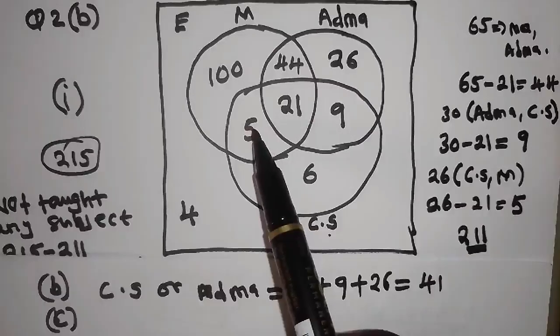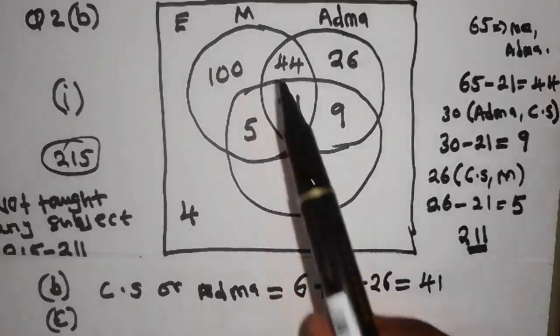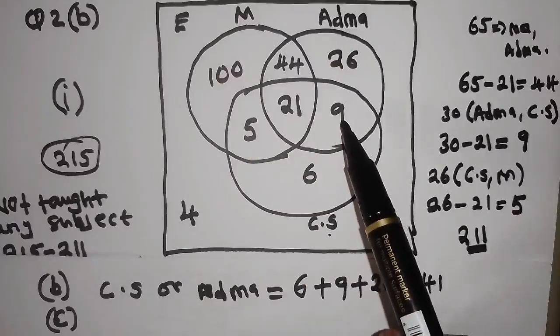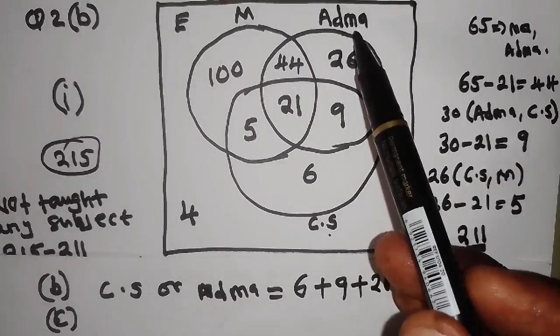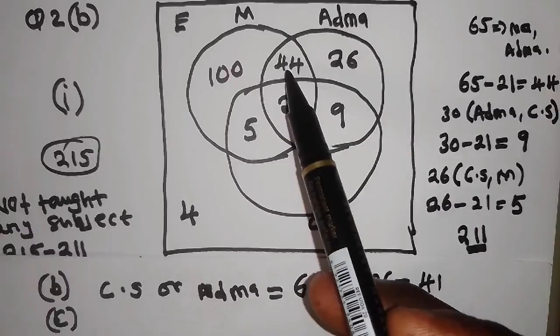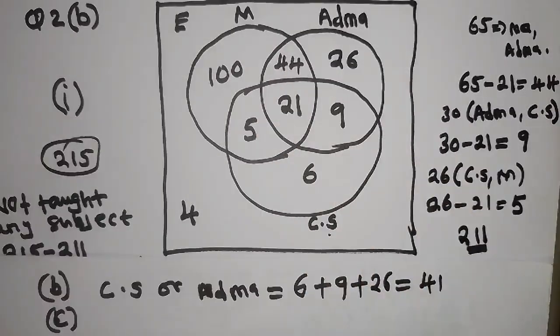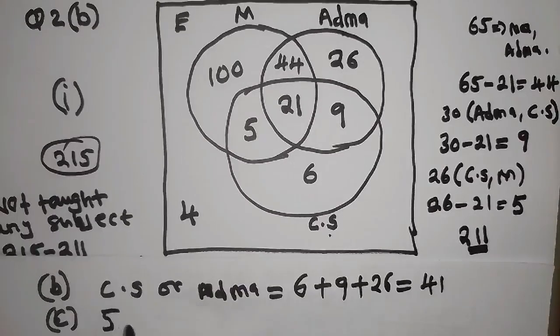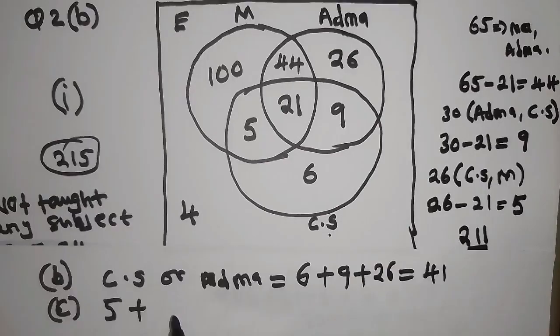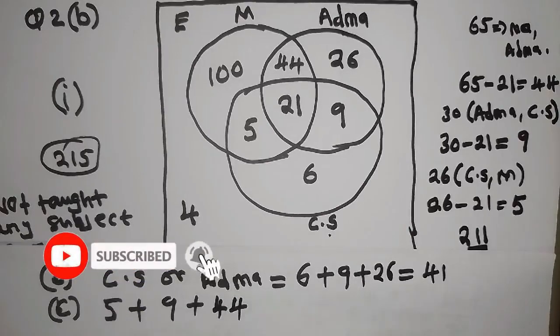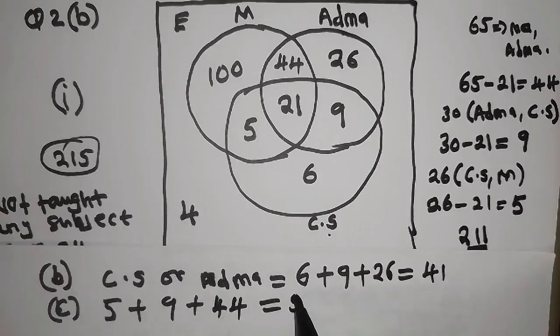So you have this, which is 5 is for mathematics and computer, and then 9 is for computer studies and additional mathematics, as well as 44 is for mathematics and additional mathematics. So all you do is just say 5 plus 9 plus 44. Okay, and this will give you 58.